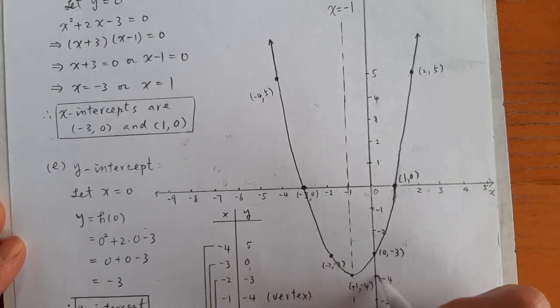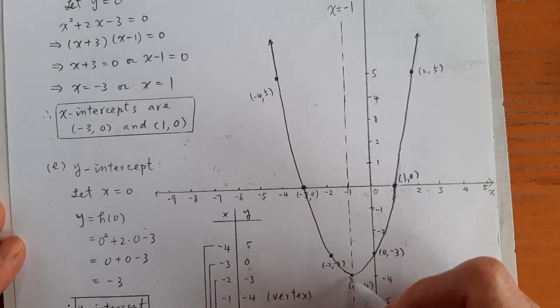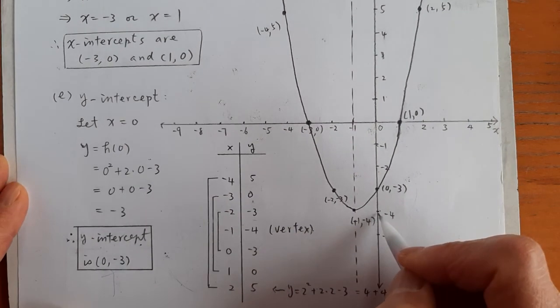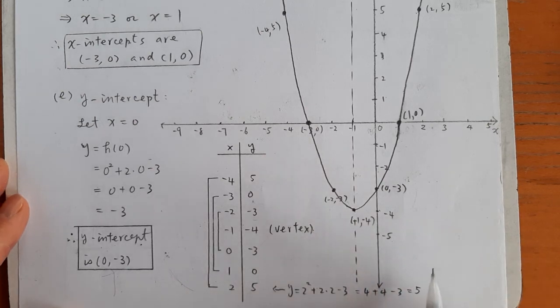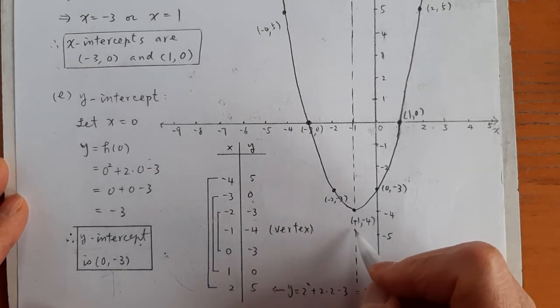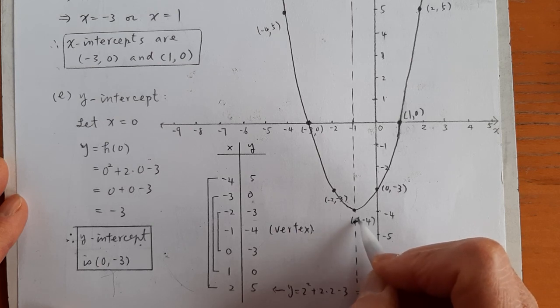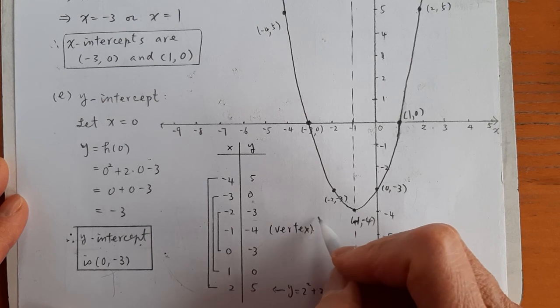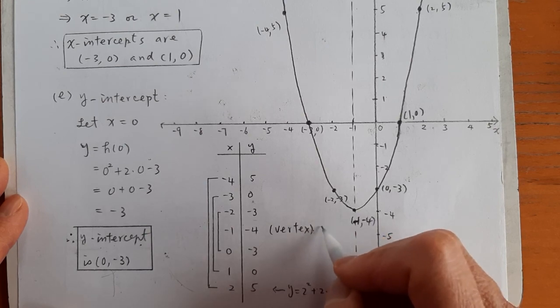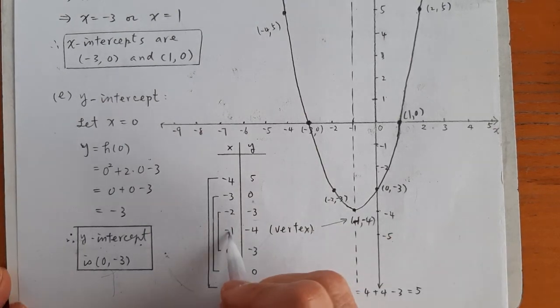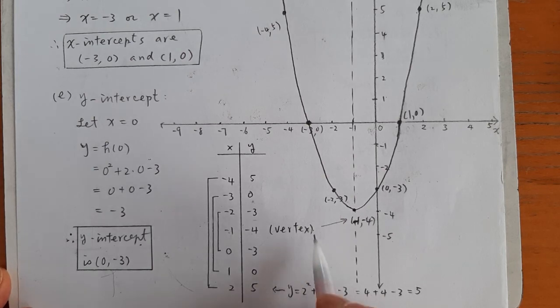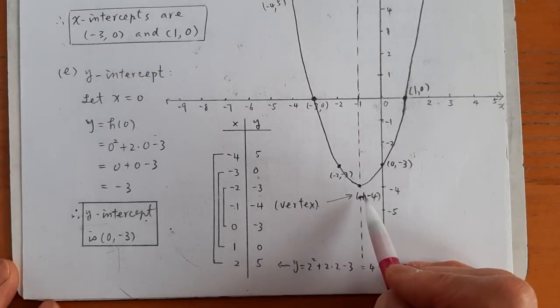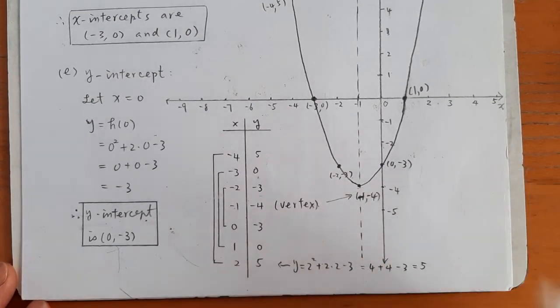Where they intersect, this point is the vertex, negative 1, negative 4.